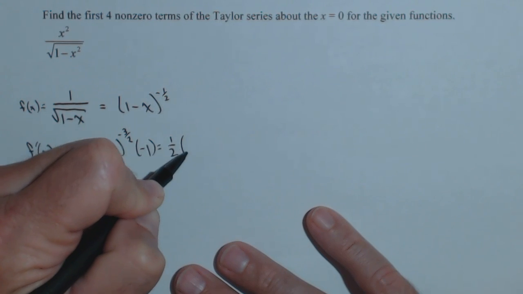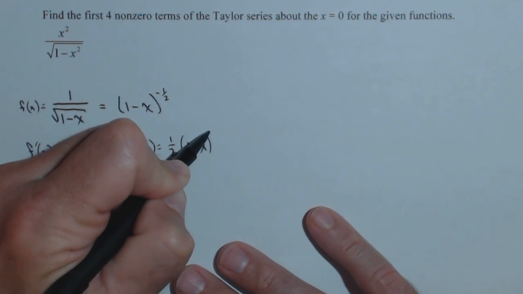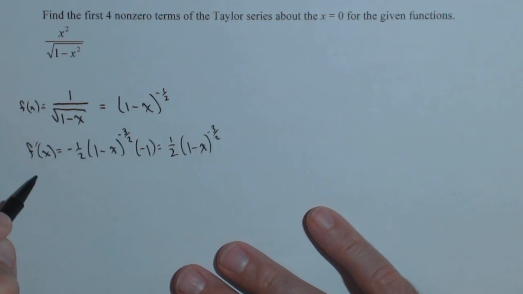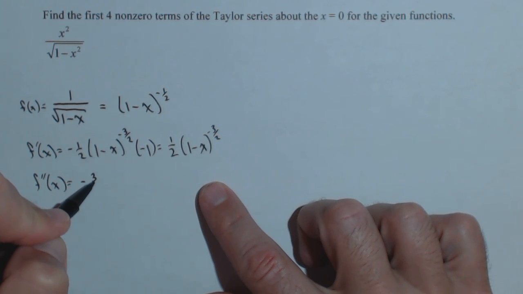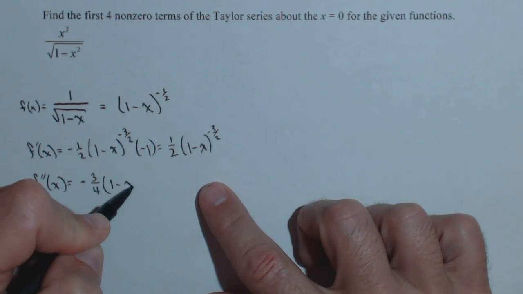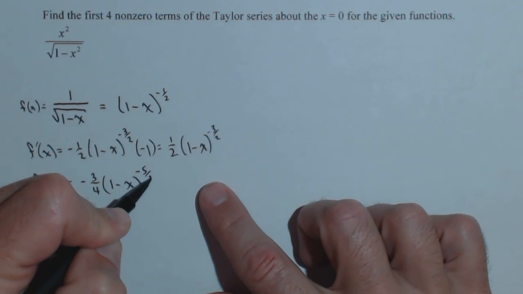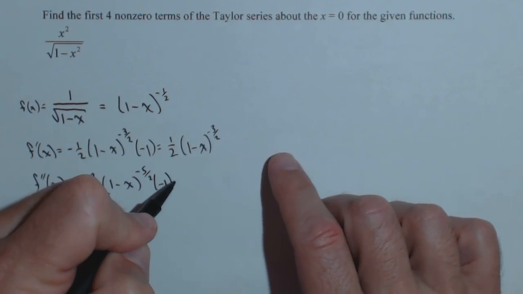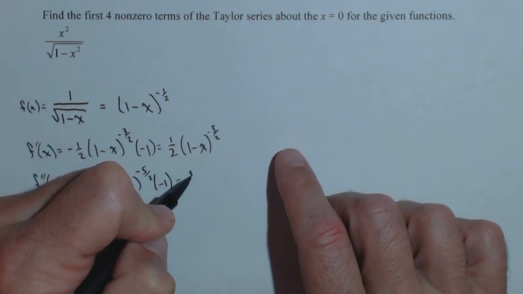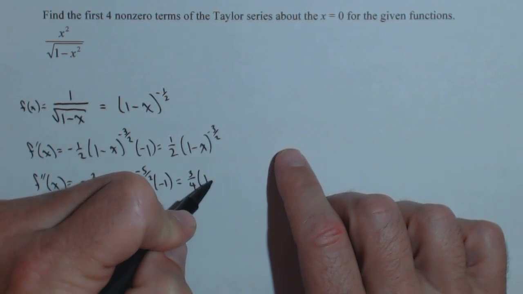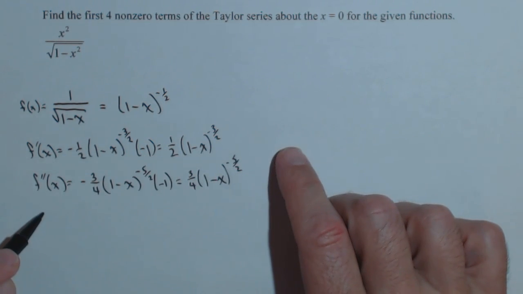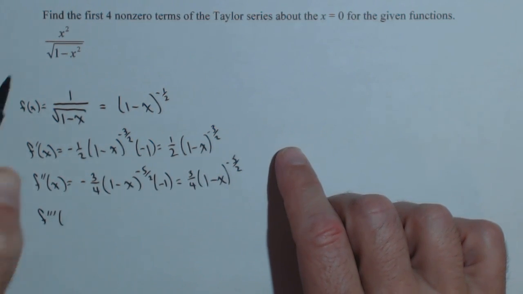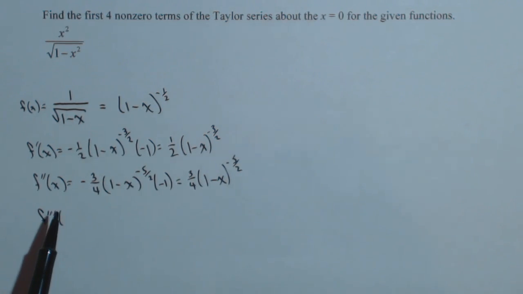So 1/2 times 1 minus x to the negative 3/2. f double prime of x is going to be negative 3/2 times a half, so we get negative 3/4 times 1 minus x to the negative 5/2 times a negative 1 again because of the chain rule. You'll see that's a pattern, and depending on how far you have to go, you'll be able to speed this up because it's basically just the power rule.